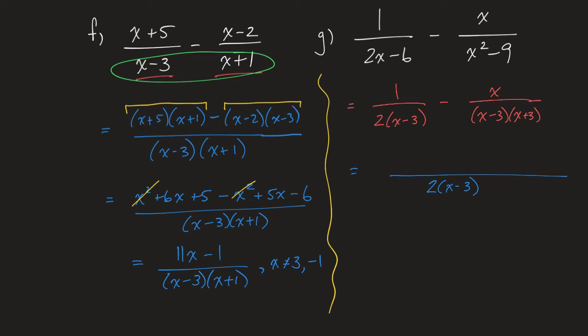That takes care of the first fraction's denominator. Now I need to include all parts of the second denominator. But I notice I already have an x minus 3 included. So I don't need to put in another one. The only thing that it doesn't have is the x plus 3.